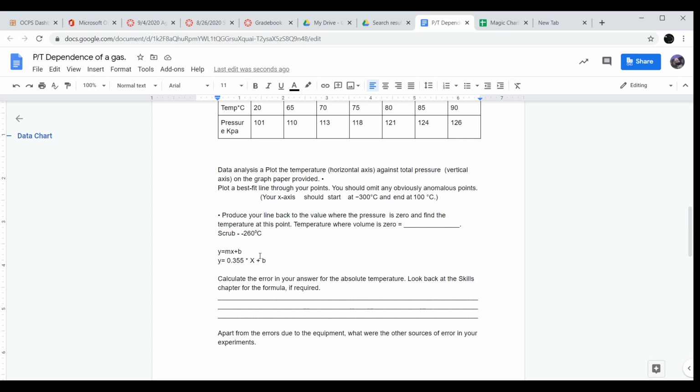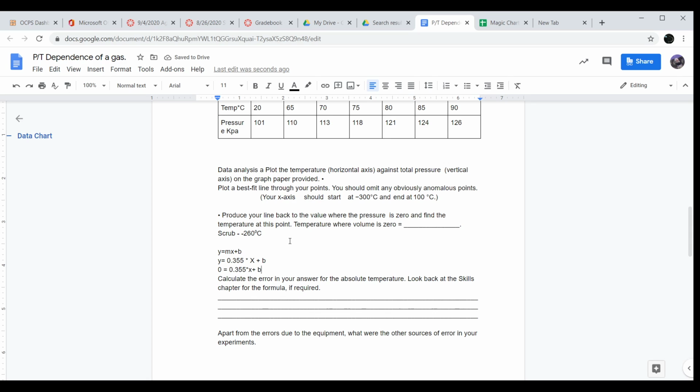So we can now mathematically figure out our question: temperature when the volume is 0. We're looking for 0 equals 0.355 times x plus b.